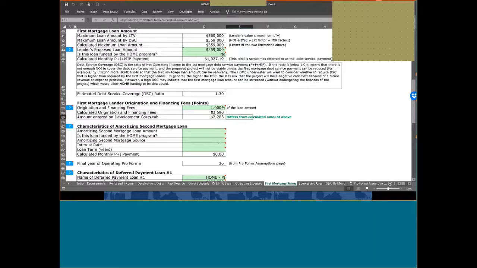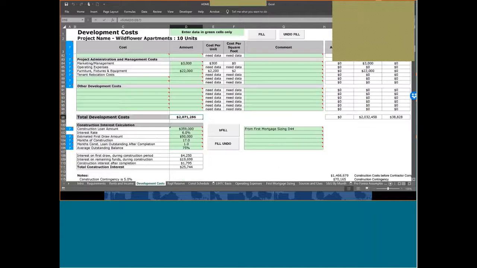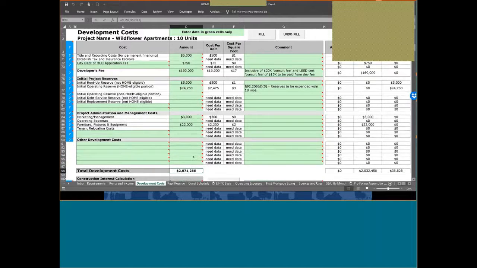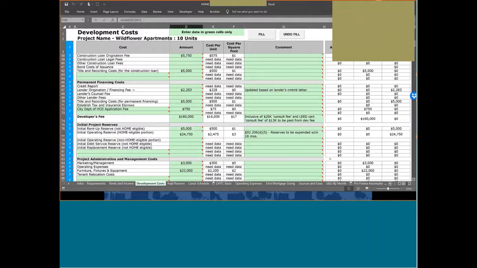So this is the point at which we begin to bounce back and forth a little bit and tighten things up. So let's go back to development costs. And let's scroll to row 67, which is here. And there's that 2283. Well, we believe the number now is 3590.